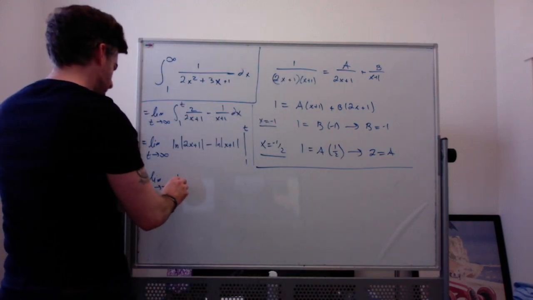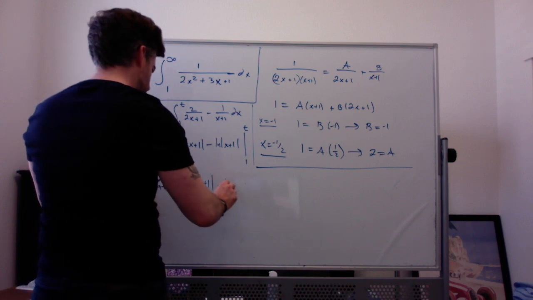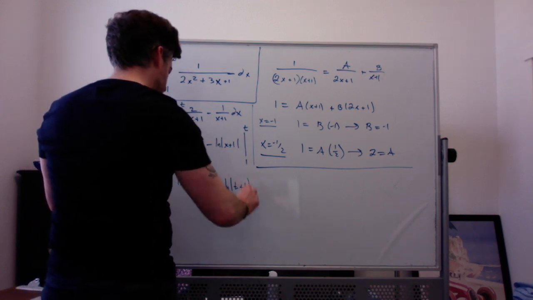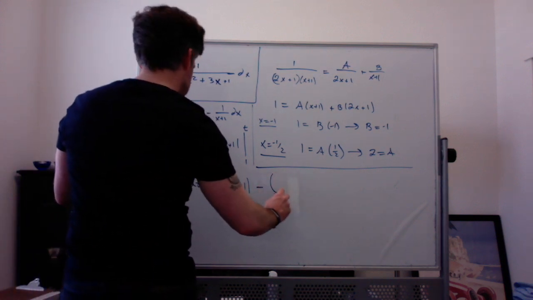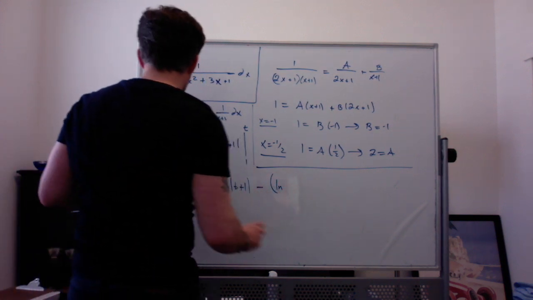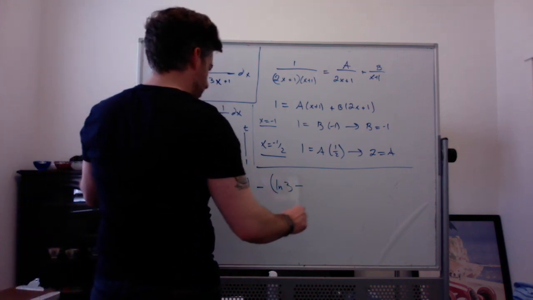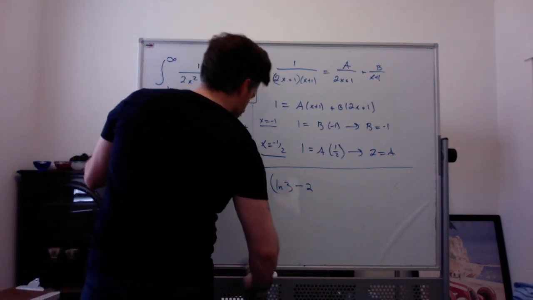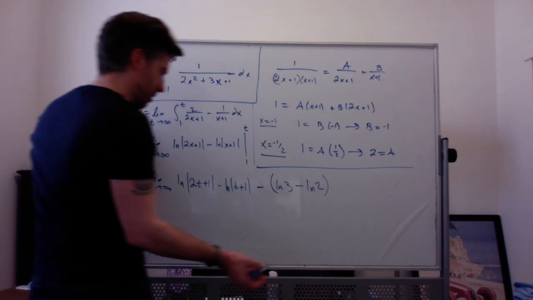So I got the natural log of the absolute value of 2t plus 1 minus the natural log of the absolute value of t plus 1. I don't really need the absolute values anymore, but whatever. Minus the natural log of 2 times 1 plus 1, which is 3, minus the natural log of 1 plus 1, which is 2. I didn't write the absolute values because I know 3 and 2 are already positive.